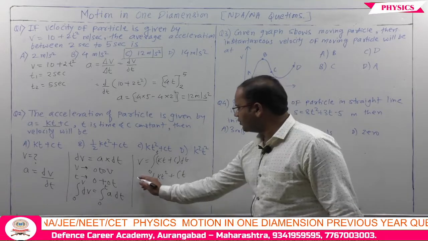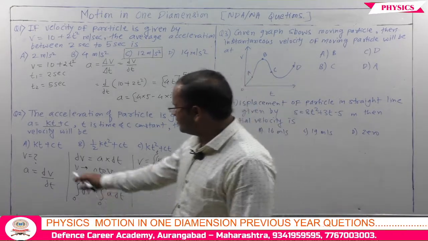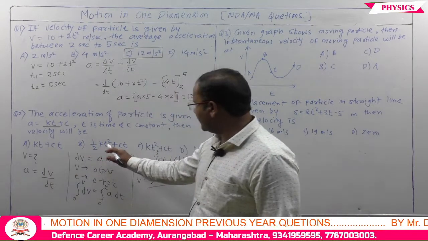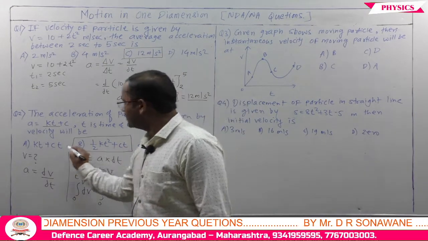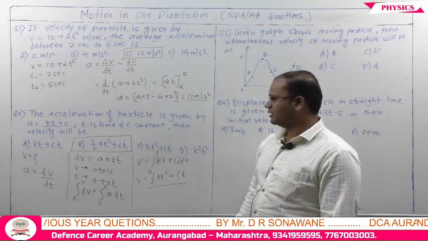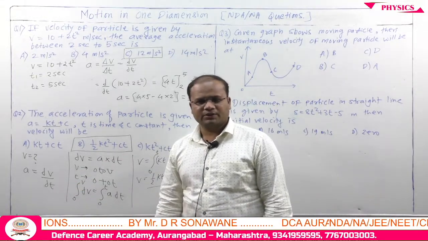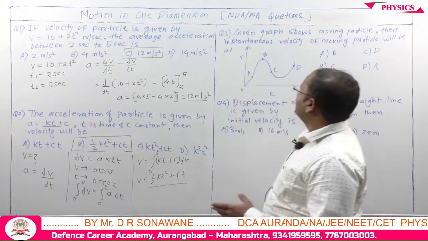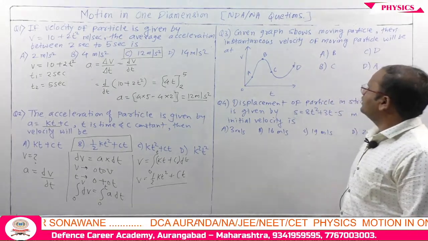So the answer for velocity will be half kt square plus ct, and here are the options: kt plus ct, half kt square plus ct. Answer B is the correct answer for this question. So we have simply solved this question by integration, and the formula remains the same here, a equals dv by dt. After that we will jump to the third question.